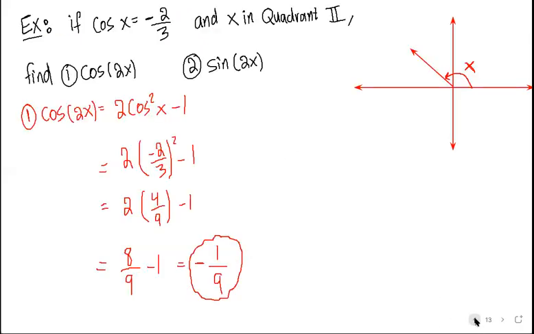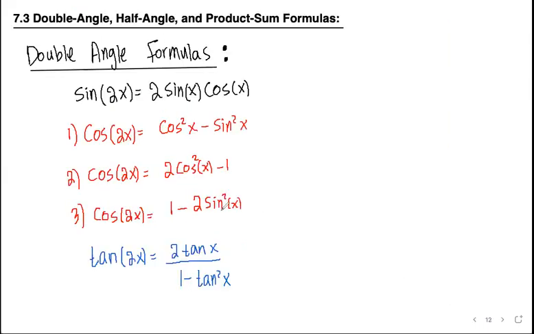So now question 2, find the sine of 2x. Cosine square minus 1 is equal to sine square. Yes, exactly, but in which one? This one, right?